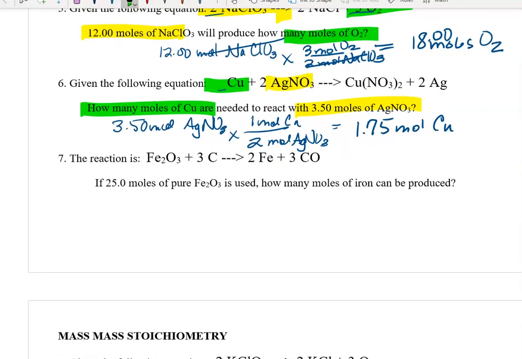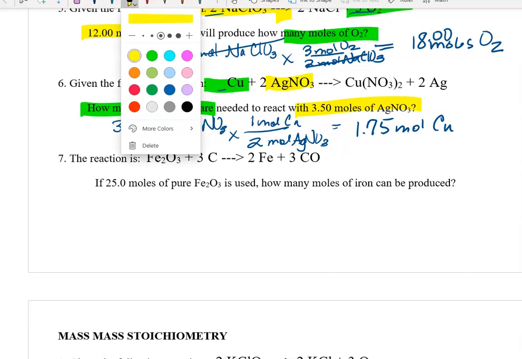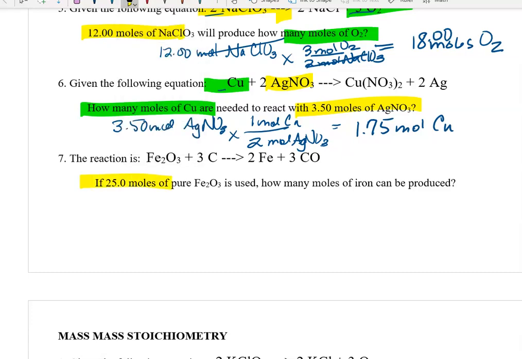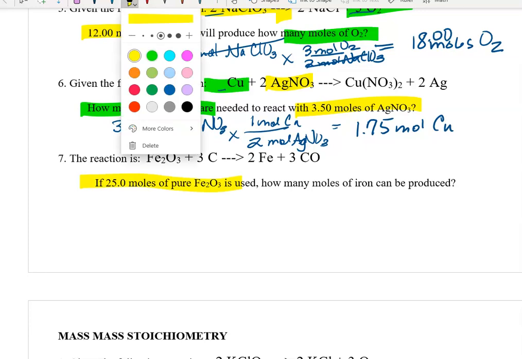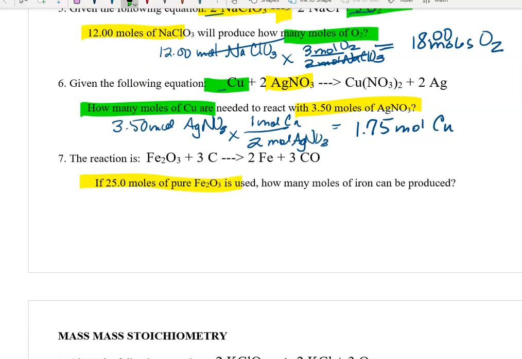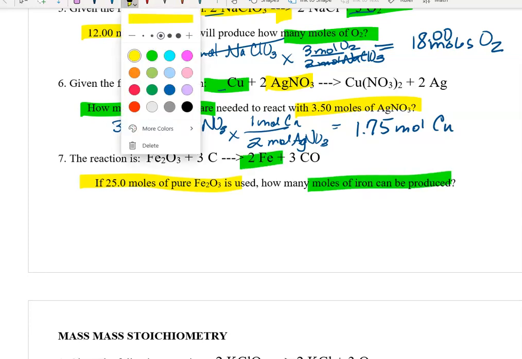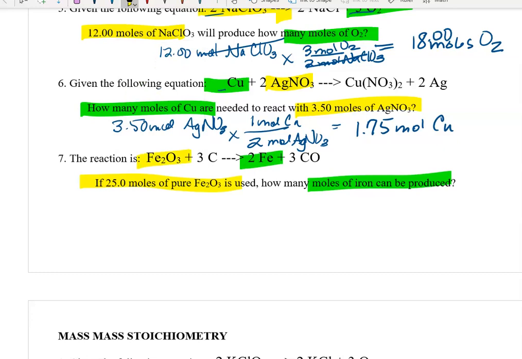The last one, 2.5 moles of pure Fe2O3, iron(III) oxide, are used. We want to know how many moles of iron we're going to make. So for this one, we'll start with 25 moles of iron(III) oxide.